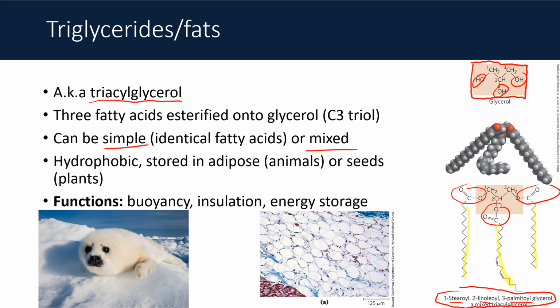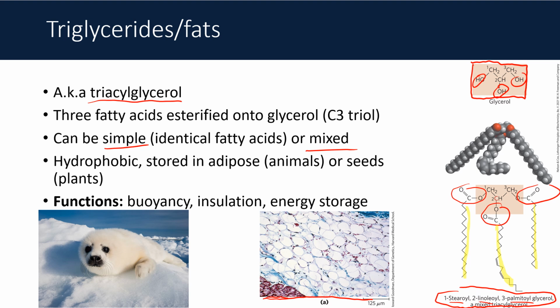In the case of animals, we drop off triglycerides into adipose tissue, which is shown over here. It looks like these white bubbles, and those bubbles aren't air or empty space. Those are actually globules packed full of triglycerides.